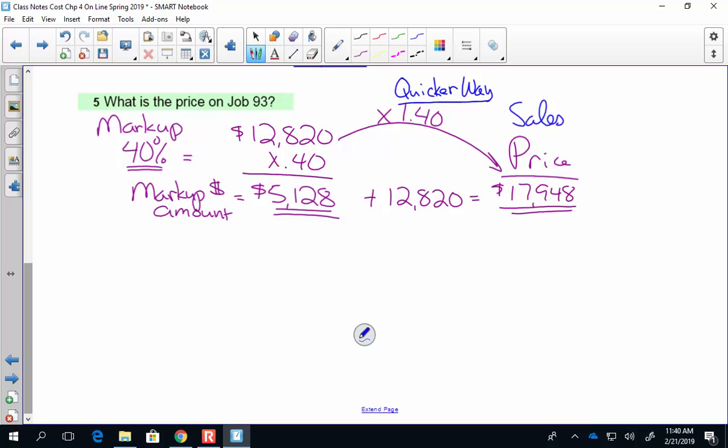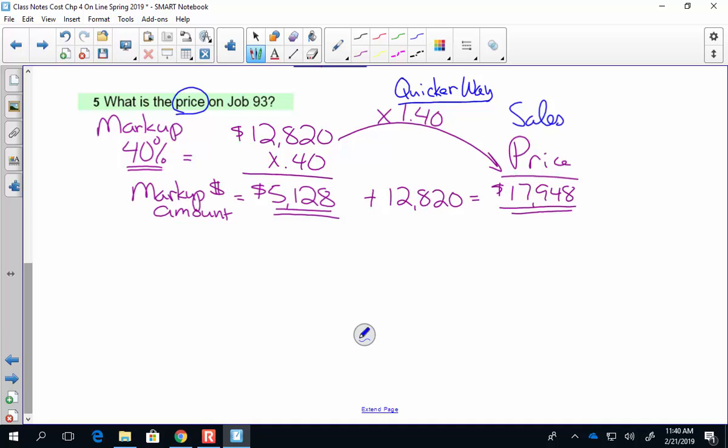So 1 is the original cost, right? And the 0.4 is the markup. So if I take 12,820 times 1.4, I get the actual sales price of 17,948. It avoids that 2-step process to get to that number. So watch for those questions where you have to compute the sales price of this particular job.